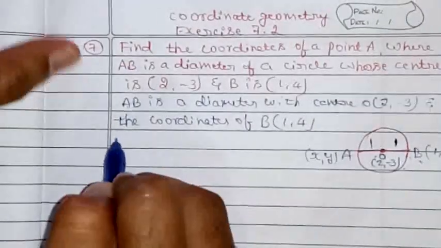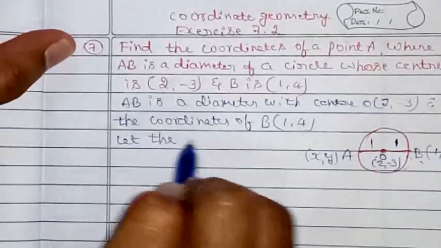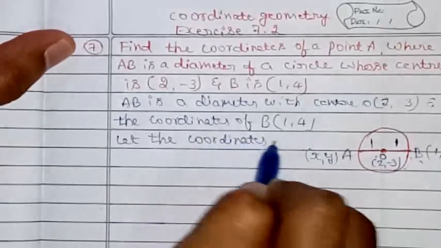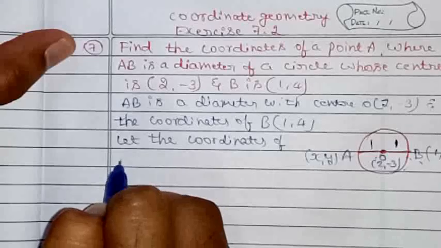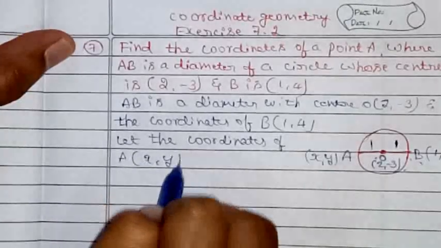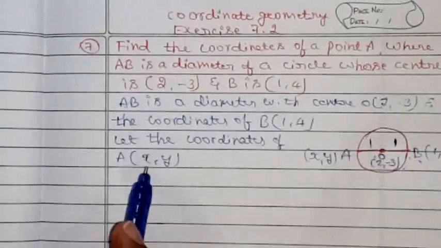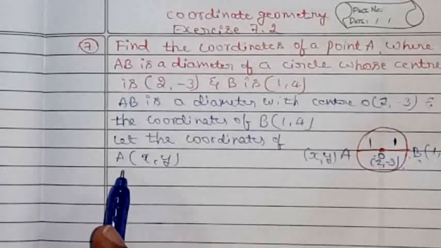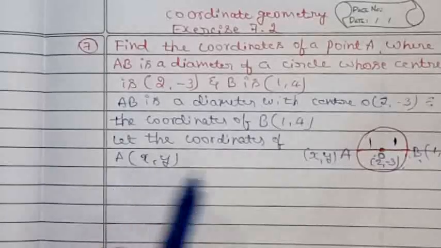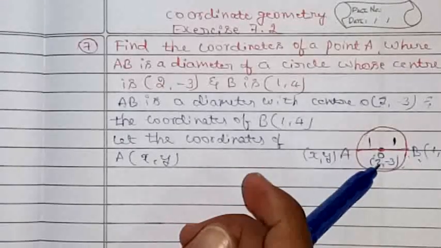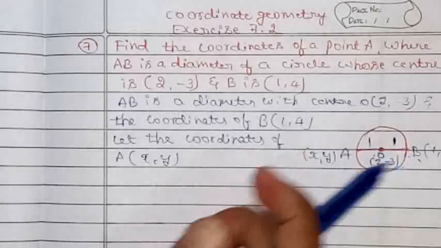So let the coordinates of A be (x, y), because you need to find the coordinates of A, right? So let me write that the coordinates of A will be (x, y). As I said, the center O (2, -3) is the midpoint of the diameter AB.